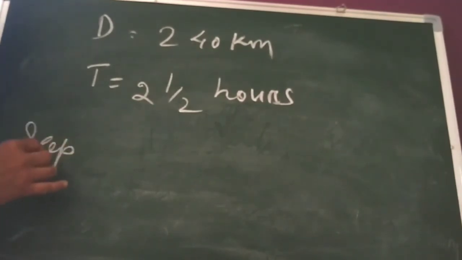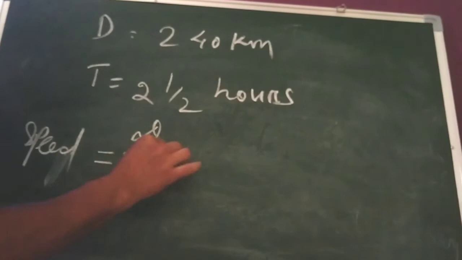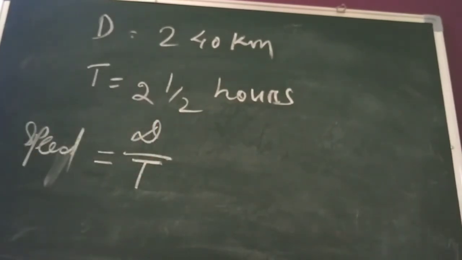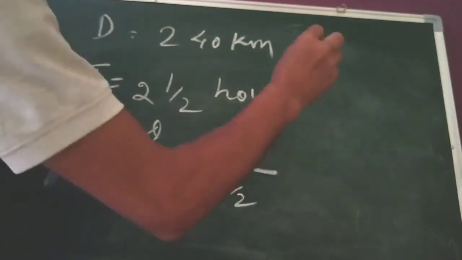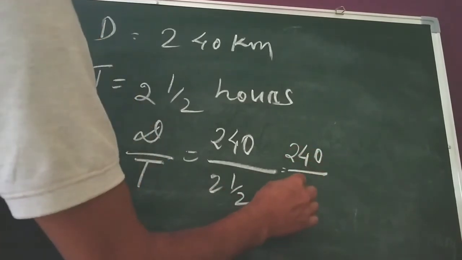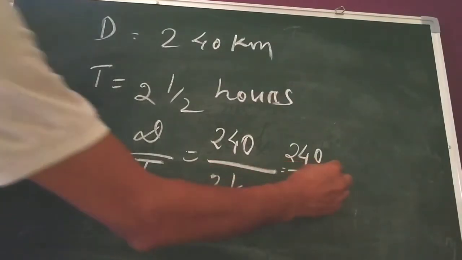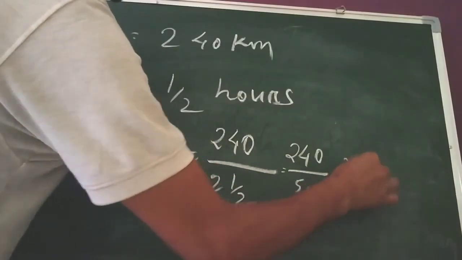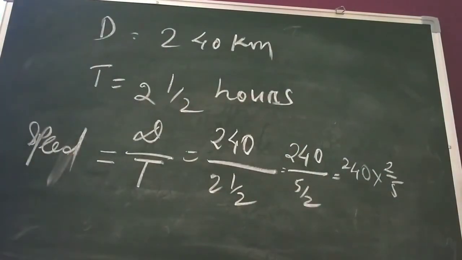As we know, speed is equal to distance divided by time. So let us put the values: distance 240 and time 5/2. If you calculate 240 divided by 5/2, you will get 240 multiplied by 2/5.